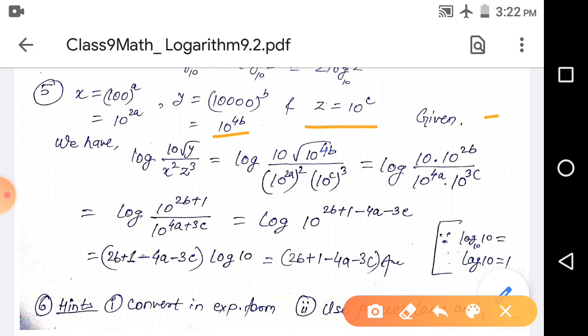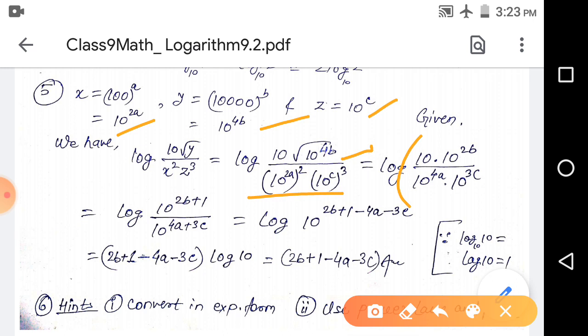Those are the given conditions. Now we have this part, log 10 of square root y by x square z cube. We substitute the values for x, y and z.